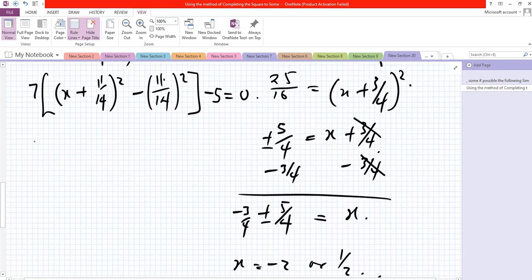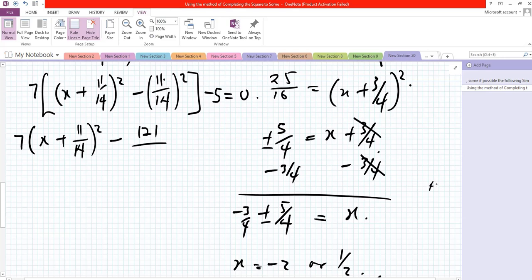So we have 7, this will now be x plus 11 over 14 all squared, minus 11 squared over 14 squared.